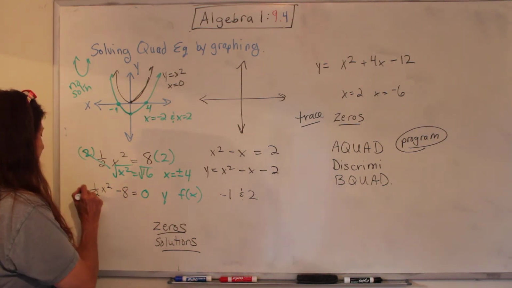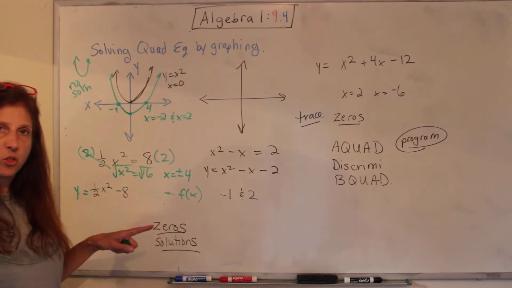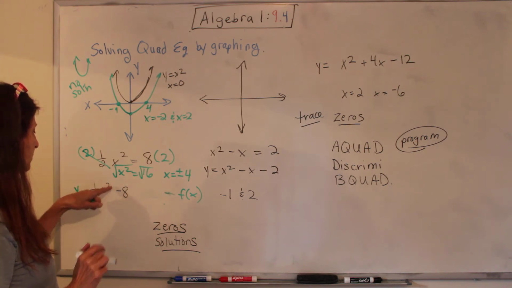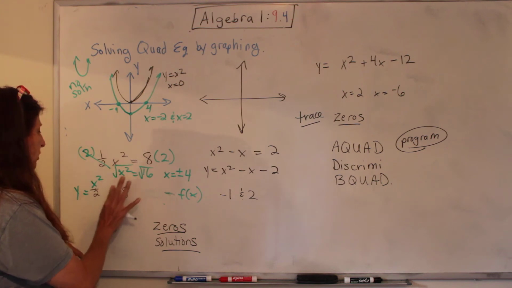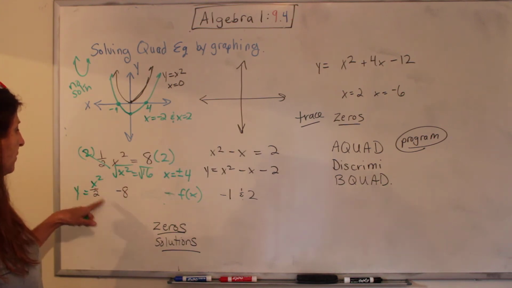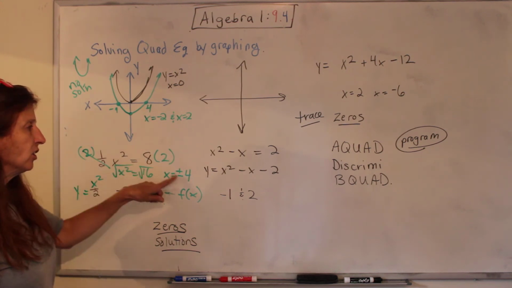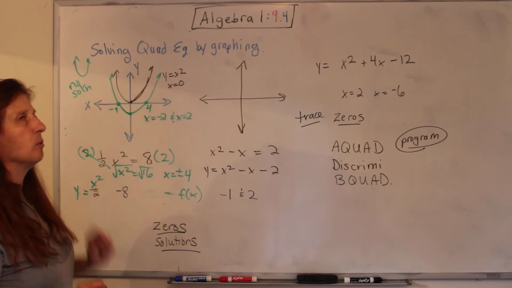So this is equal to y. So I can put this in my calculator. I can go to the y equals button and type in 1/2 x squared, or it's the same thing as the x squared being in the numerator, x squared divided by 2, minus 8, and I could graph it, and I could look and see if it really does cross at -4 and +4.